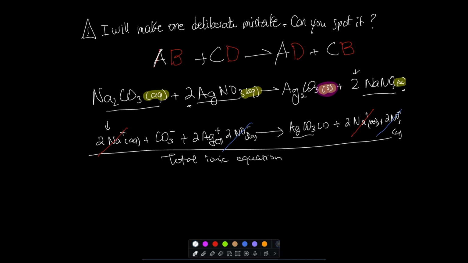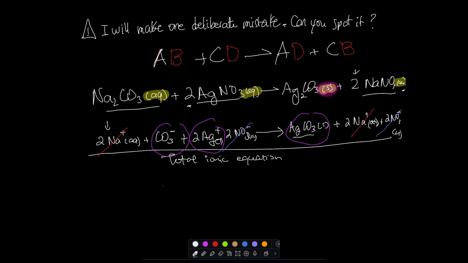So we are left with, at the end, only these that are not spectator ions. And so now these become involved in my net ionic equation.